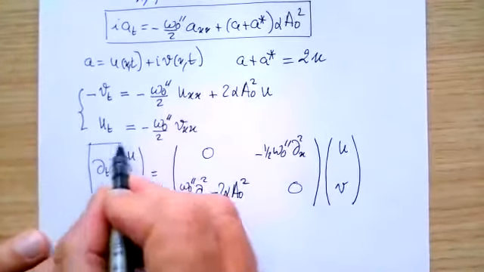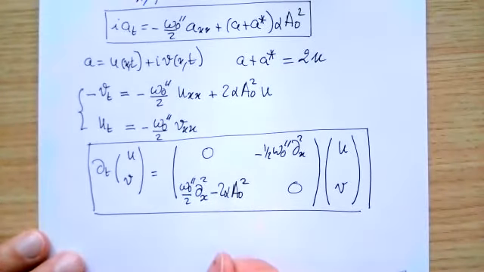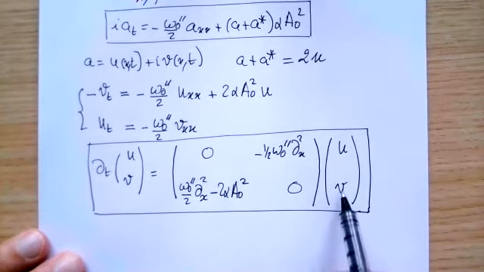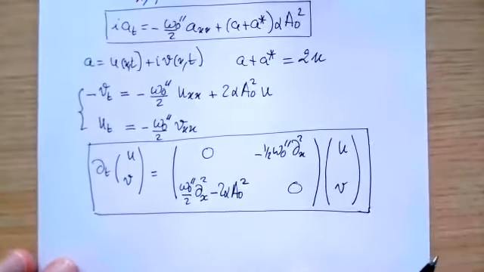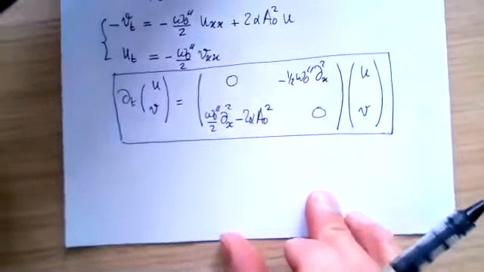Okay, so this is the linear version of NLS written in terms of the real and imaginary part of the small perturbation. Now, it's a linear function.